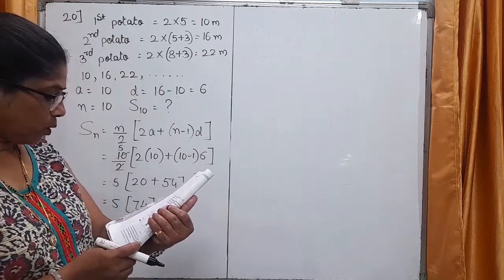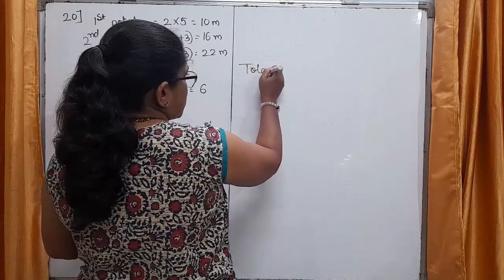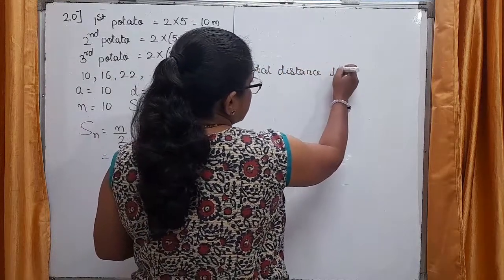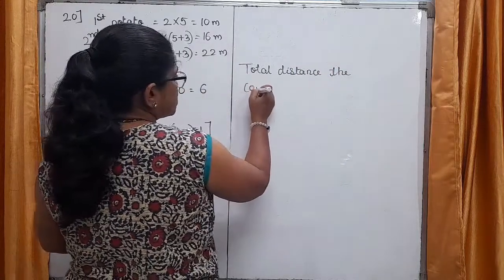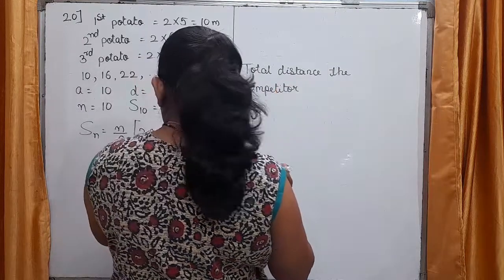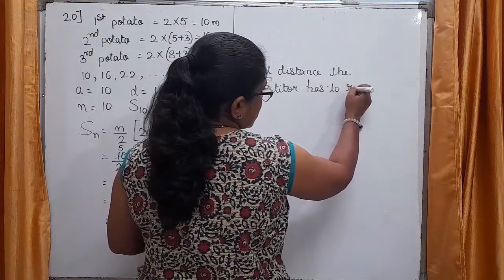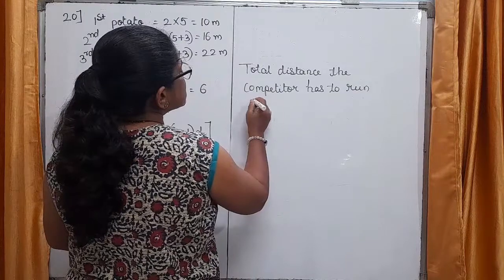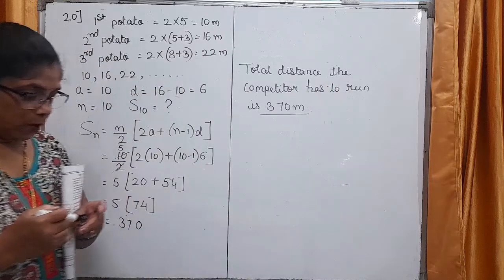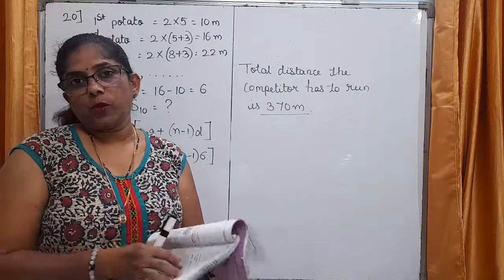So here the total distance the competitor has to run is 370 meters. So here we complete our exercise 1.3 of arithmetic progression of standard 10.